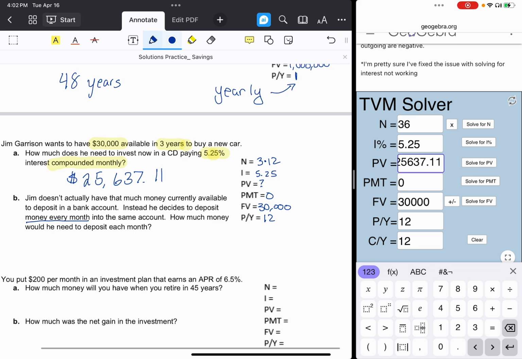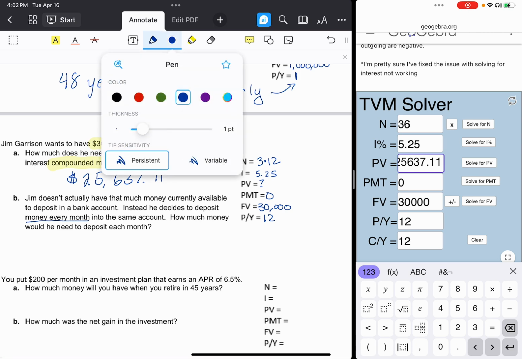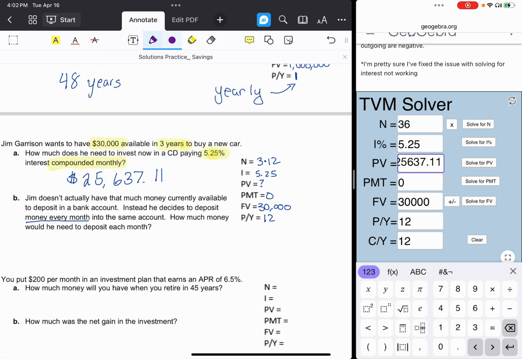So the reality is we're going to keep almost everything the same. The only thing we're going to change here is our PV and our payment amount. Our PV is now going to be 0, and we are now looking at what our regular payment would need to be. So I'm going to clear out PV and put 0.